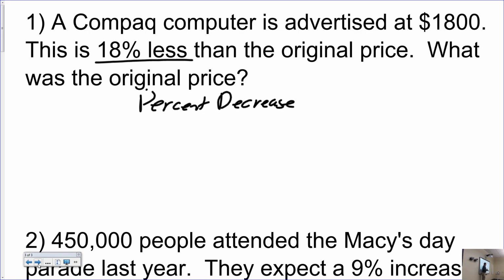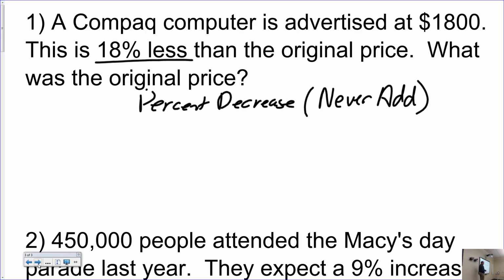Now, what do we never do in a percent decrease problem? When you read that problem, what kind of number are you looking for, compared to 1,800? You want something bigger, right?